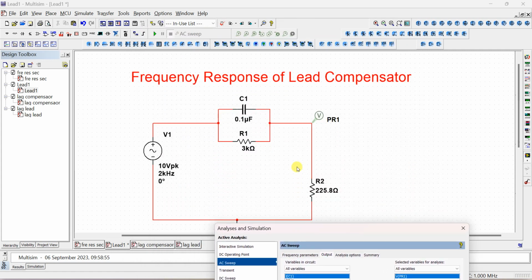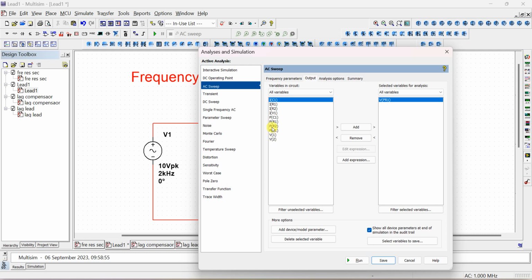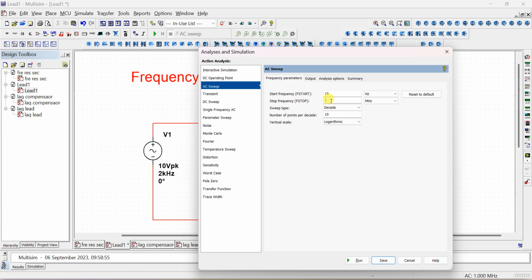You have to measure the voltage across R2, so the voltage across R2 is there somewhere here. You add it here and plot that. So the output frequency range is 10 hertz to 1 megahertz. Now run this.